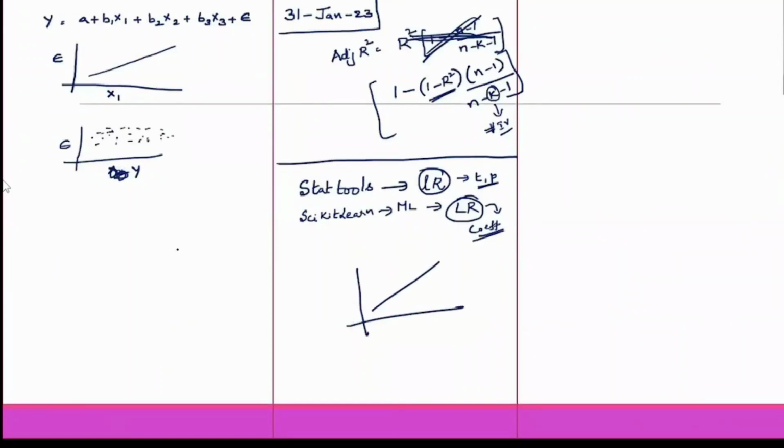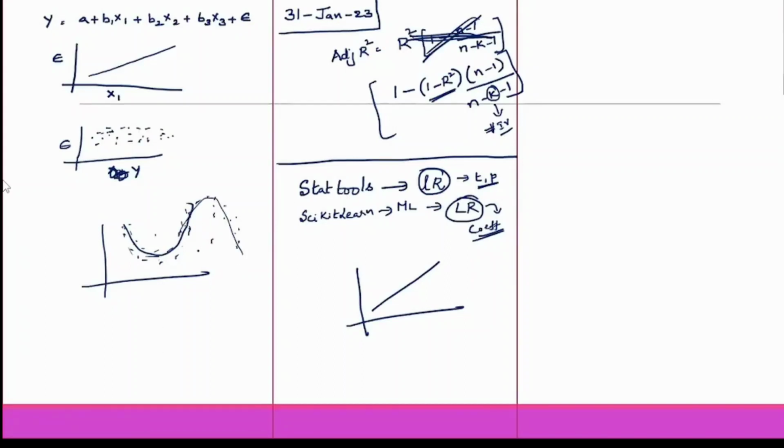straight line. But let's say my data points are in this format. Possibly, rather than a straight line, I would very well prefer a quadratic, because quadratic will give me this kind of a curve. Or possibly if I have other data points more like this, I may require a cubic line.